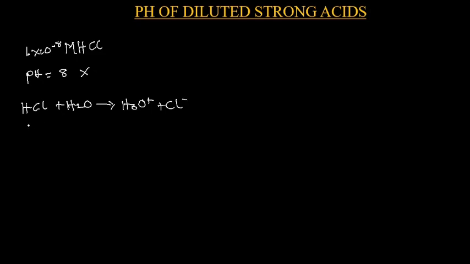If we have 1 times 10 exponent minus 8 here, initially we're going to be having 0, 0. Then at equilibrium, when everything dissociates, we're going to be having 10 exponent minus 8 here and 10 exponent minus 8 here. So this is the H3O+ concentration we have from the HCl.